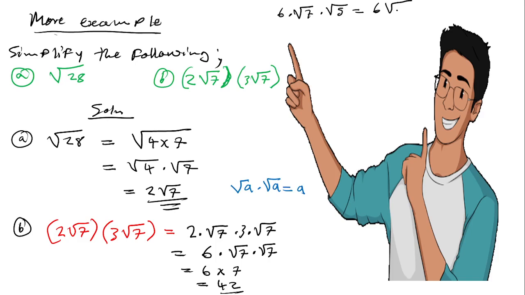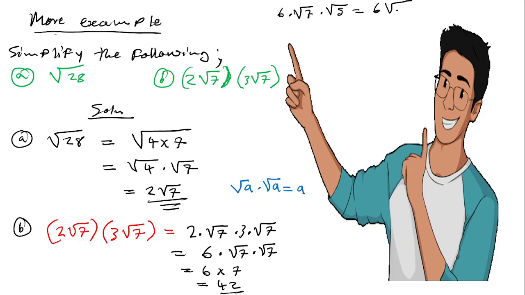Florence, is it okay? No, I didn't hear the explanation. It was cutting. I'm saying if you have 6 times root of 7 times root of 5, you're going to apply the first rule we did, and in such a case, you are now going in the opposite direction.